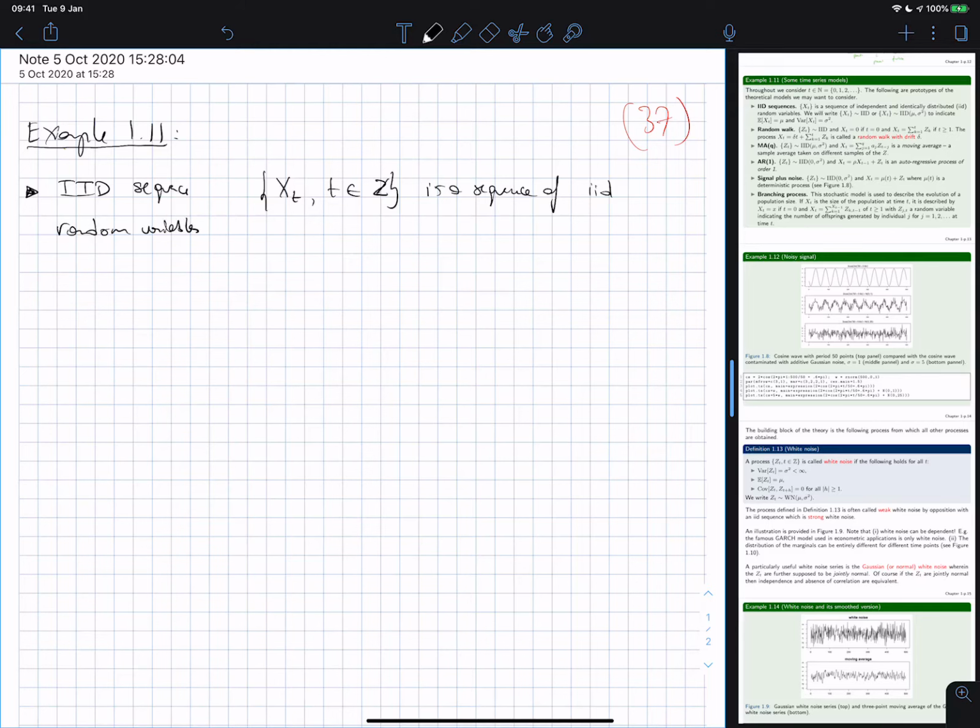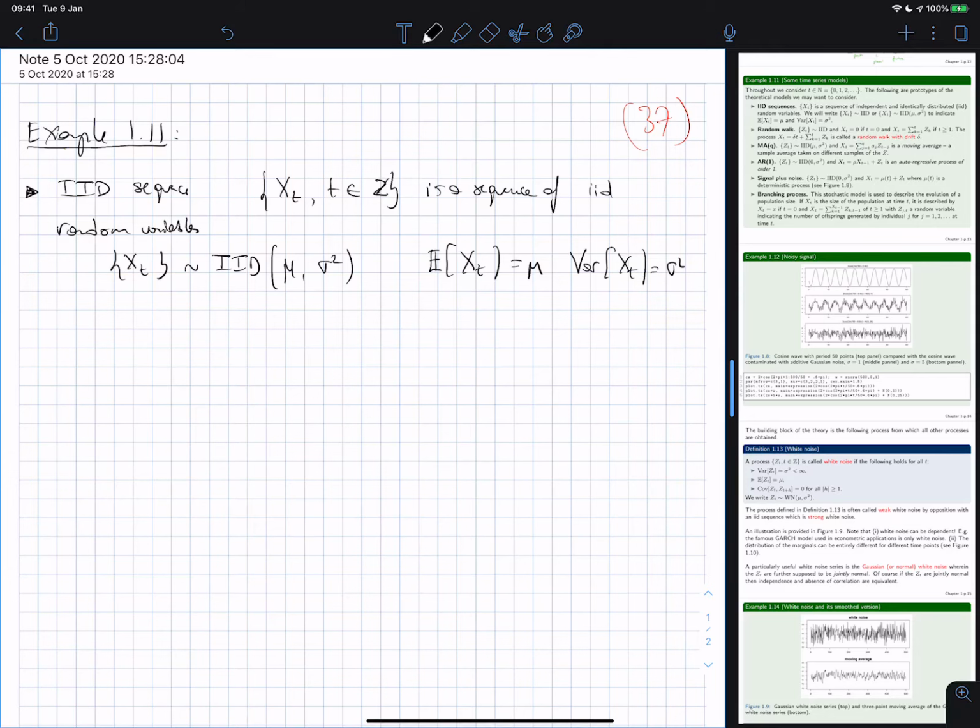In that case, I will often use the notation X_t tilde IID, and very often I will use the notation tilde IID(mu, sigma squared) to indicate that all these variables have mean mu and they all have variance sigma squared.